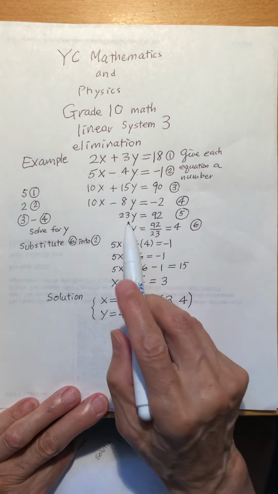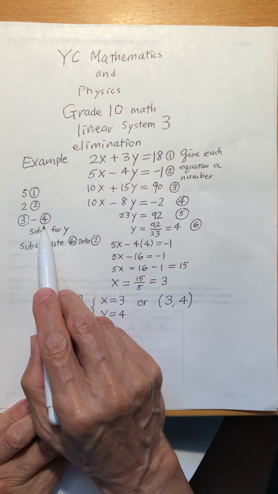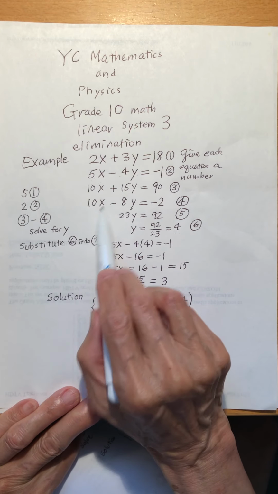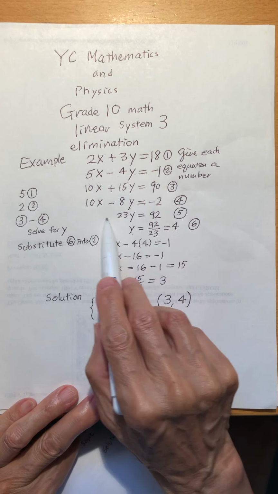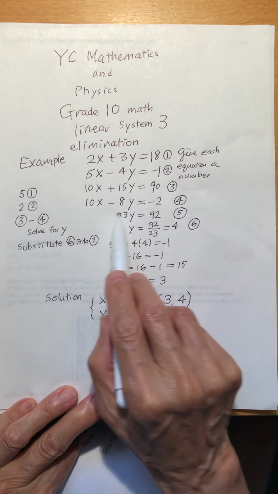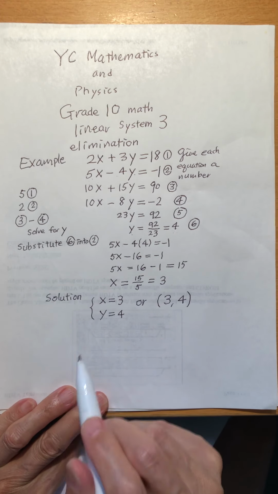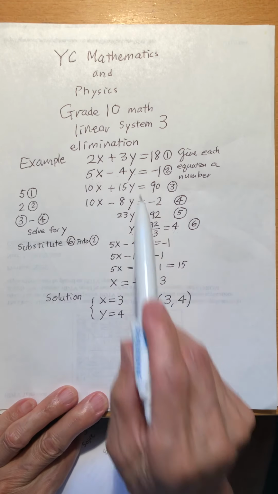Look at this step. When I do equation 3 minus equation 4, I have 10x minus 10x, so x is gone. So x disappears. So in this step, I have eliminated x. So this method is called elimination.